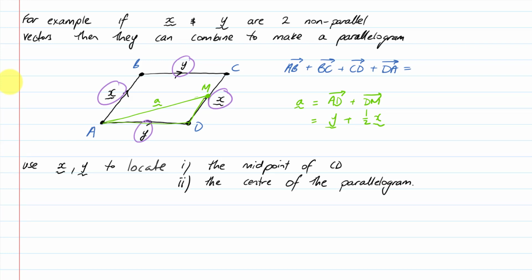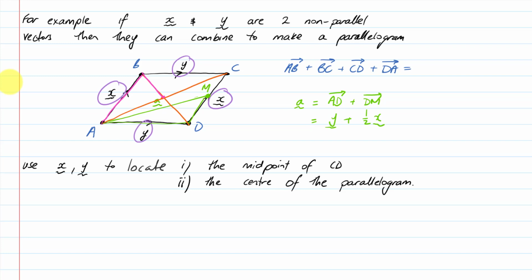The other one is the centre. So the centre is there. Of course, the centre is also where the diagonals meet. So in this case, it's about how do we get to that centre. One way, and there are many ways, is to travel along this vector AB and then down into the centre. One of the properties of a parallelogram is that the diagonals bisect each other.